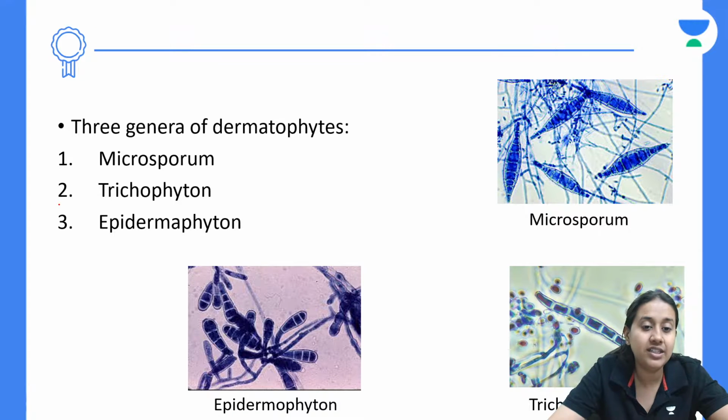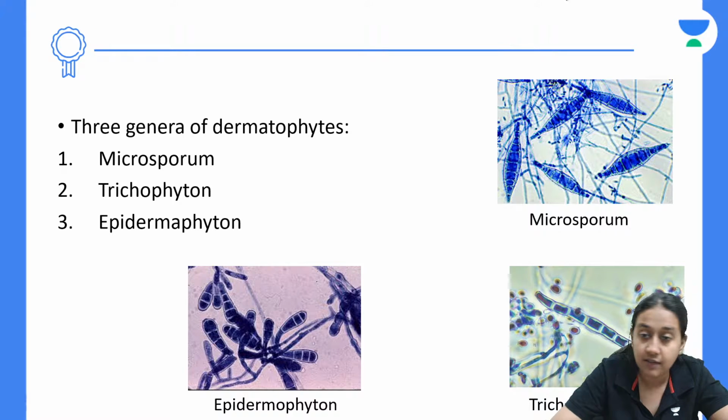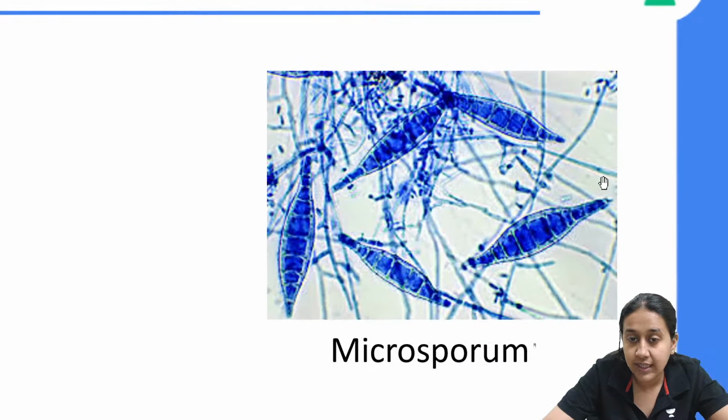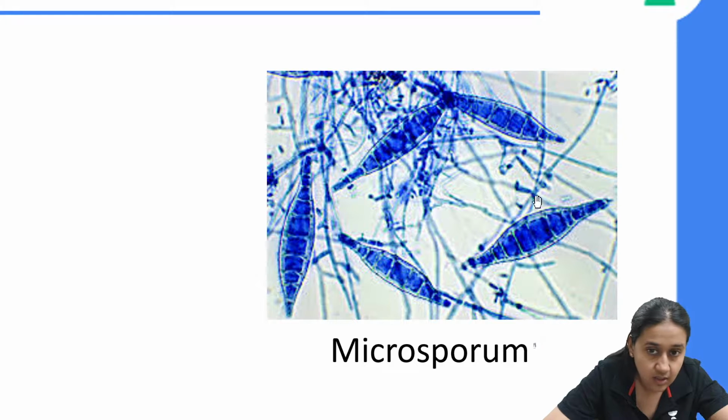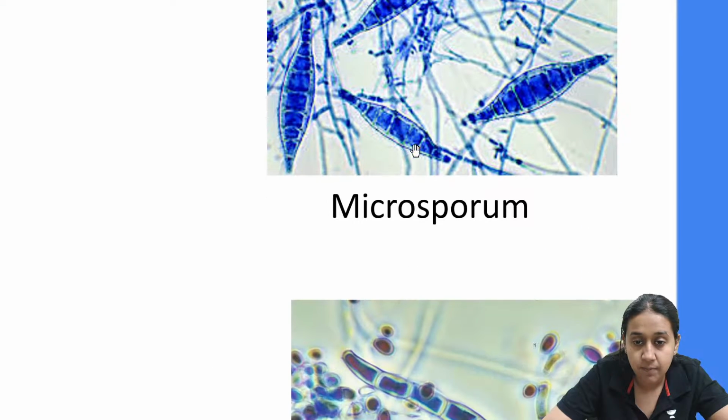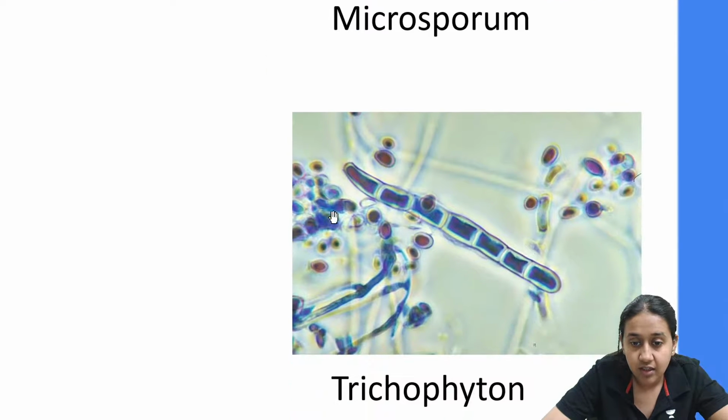Now how to differentiate these three genera of dermatophyte? We will see the shape of the macroconidia. Can you see these three images? I hope it is visible to you. The macroconidia of Microsporum species are fusiform. Those of Trichophyton species are long and thin like a pencil.